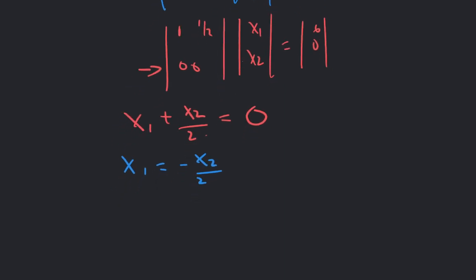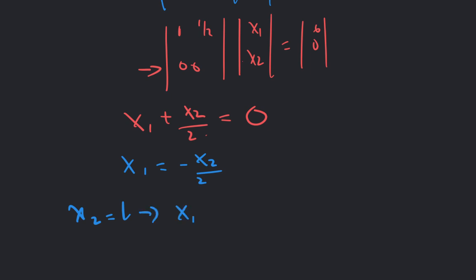So I kind of glossed over the last one because they were both equal. It was really easy to say, well, just 1, 1 because they're both equal. Here it's a little different. We could say x2 is equal to 1.